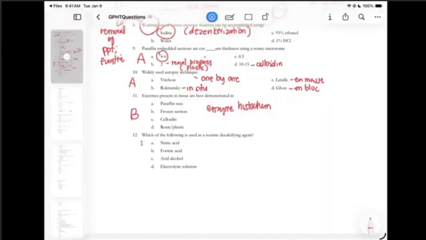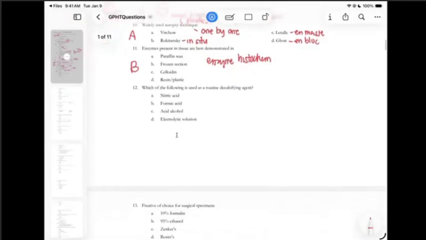For number 12, which is used as a routine decalcifying agent. In the routine decalcification process, we use primarily acids. Diluted concentrations of acids are used to remove the calcium from bone, teeth, and other calcified tissues.